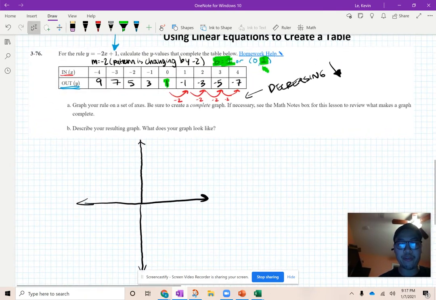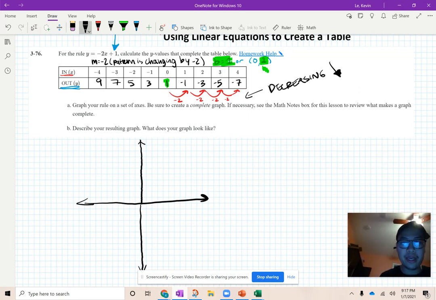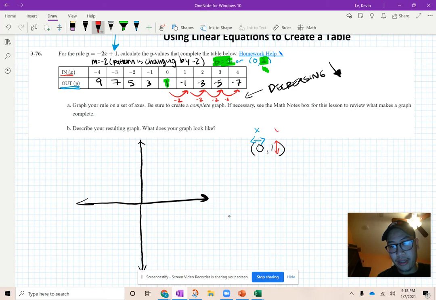So always start from your first point. Your first point is 0, 1. So that means 0, 1 means you always go either left or right for the first value because it's an x value. And you always go up or down for the second value because it's y.